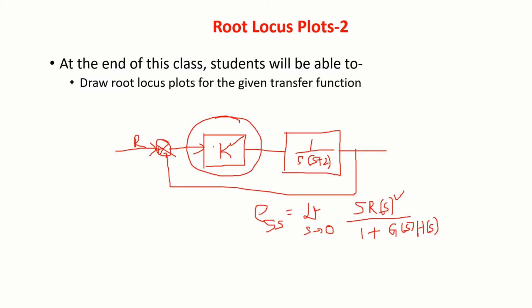Once the K value is known, then G of S H of S we can substitute. We can also find what is the steady state error for that system. That's fine. Now let us work out some more examples.